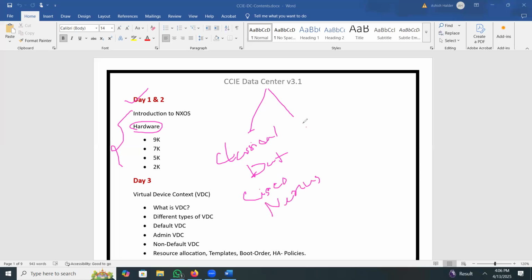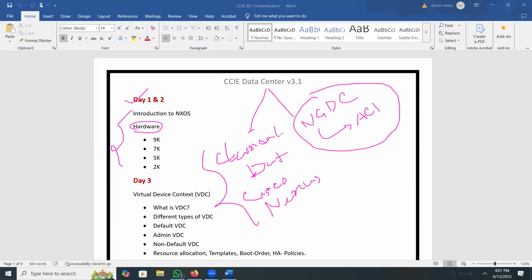Another one is the next generation data center, which is Cisco ACI. This one is traditional but still alive, and this one is the Cisco next generation data center, which is called ACI.